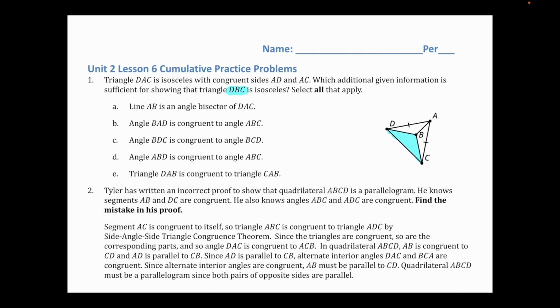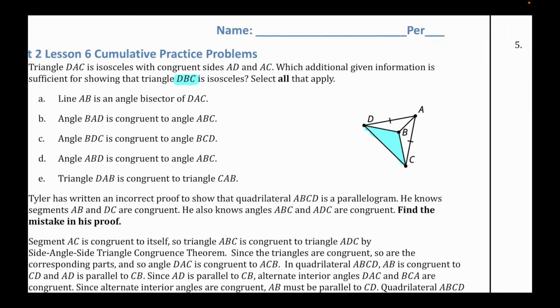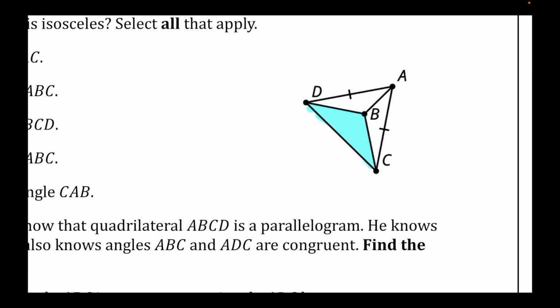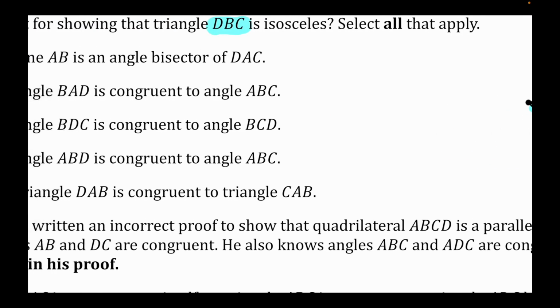Let's first look at option A. If line AB is an angle bisector of DAC, it splits this angle in half. That is enough, because if these two angles are the same, I have a shared side between those two non-colored-in triangles to prove them congruent. Then if those triangles are congruent, these sides are the same by CPCTC. So A is enough.